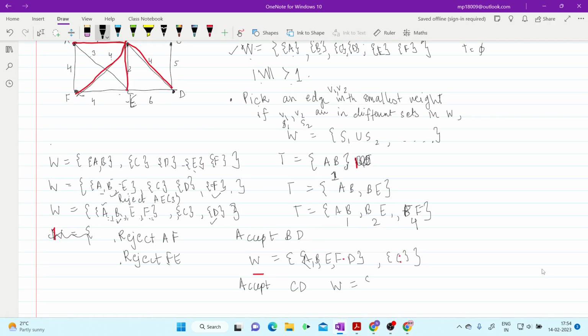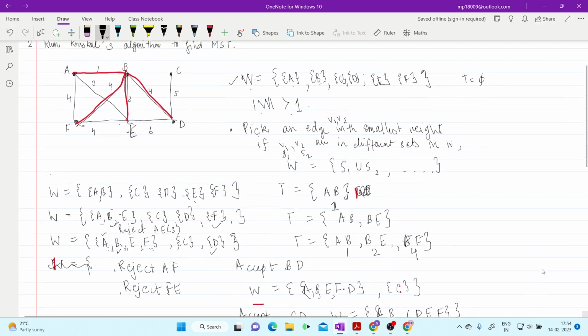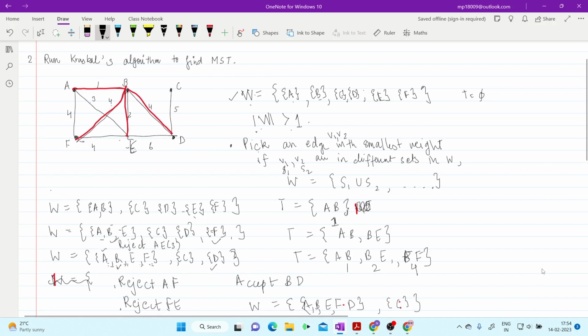Now our W becomes A, B, C, D, E, F. And now, since the order of W has become 1, we stop our algorithm, because we have to keep repeating it until the order of W is 1. So we see in the end, this is the minimal spanning tree.